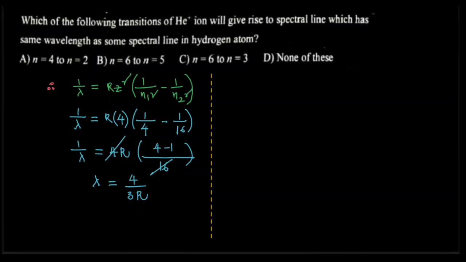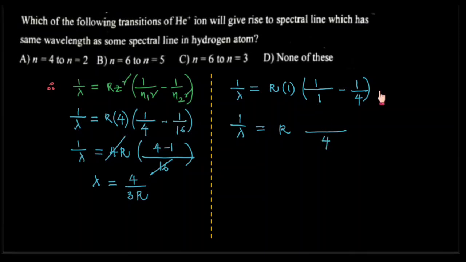If I do the same for hydrogen, 2 to 1, 1 by lambda is equal to R Z square, and the hydrogen atomic number is 1. So 1 by 1 square minus, it falls from 2, so 1 by 4. Again 1 by lambda is equal to R, the LCM is 4, and it becomes 3 by 4.